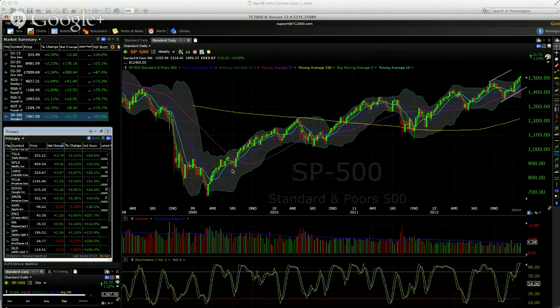And the volume picks up. We don't see a huge pickup in volume, but what we do see is that the green candles are larger than the red candles for the most part, and that says there are more buyers than sellers, indicating accumulation.